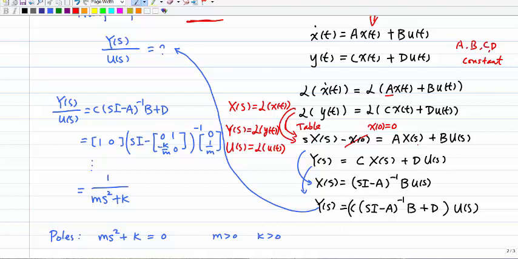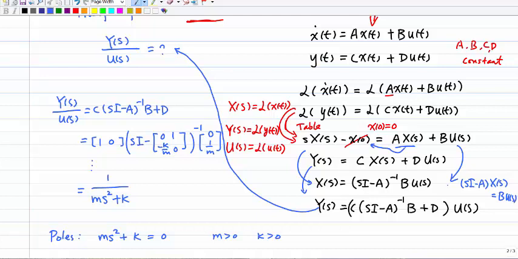So for the first equation, we can write X(s) as (sI minus A) inverse times B times U(s). There is an intermediate step I dropped here: if I move this term to the left hand side and merge the X(s) terms, I have (sI minus A) times X(s) equals B U(s).